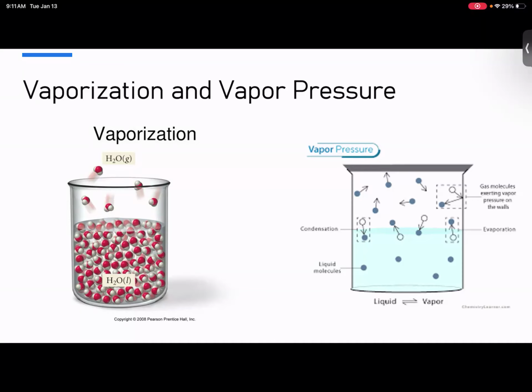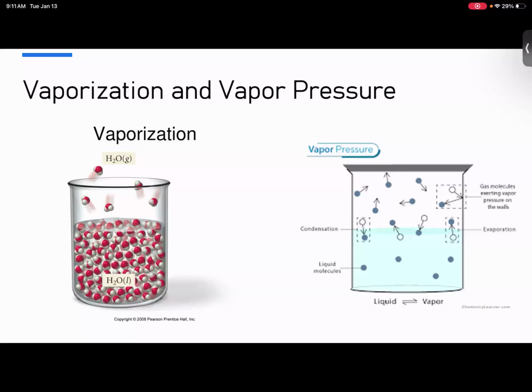It all depends upon the type of container. Vaporization occurs, period. It is when the surface molecules at whatever temperature have enough energy to escape into gas form.